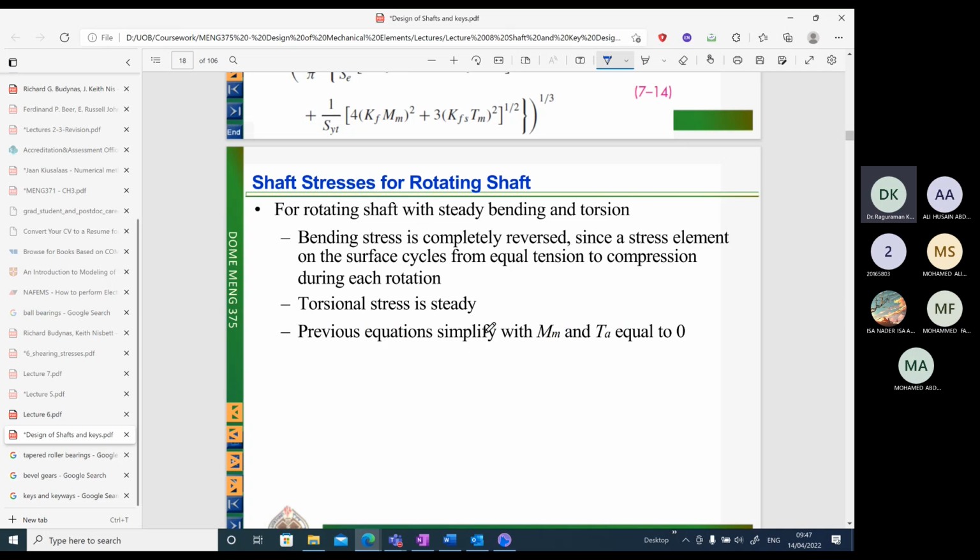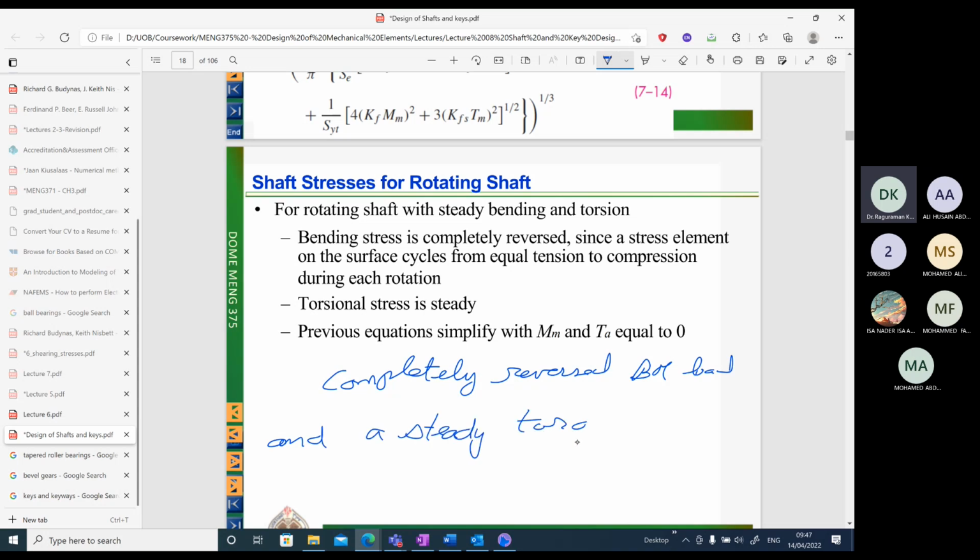If you take your shaft in particular, in general, you will have a completely reversed bending moment load and a steady torque applied onto the shaft.